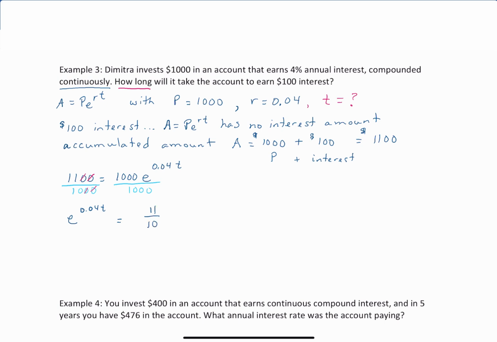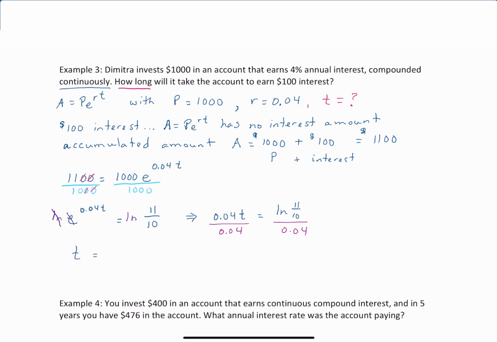Then I'm going to take the natural log on both sides to get rid of the e on the left-hand side. So this equation tells us that 0.04t must be equal to the ln of 11 over 10. Before we get out our calculator, let's finish isolating the t by dividing both sides by 0.04.